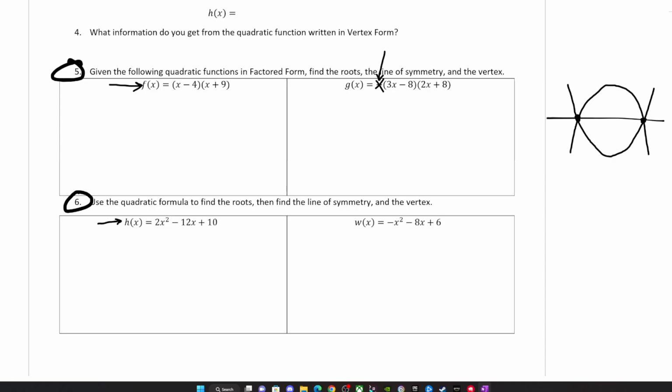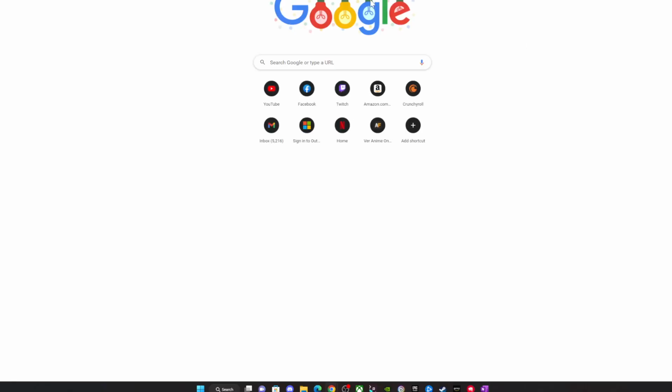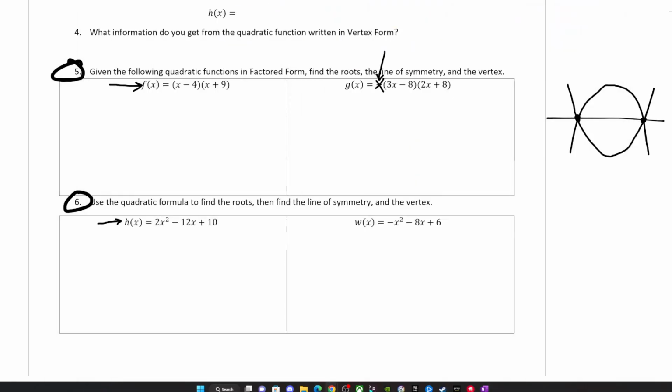Okay. So why don't we even look at an example of that? Here on Desmos, let's actually take a look at this function: 3x minus 8 and 2x plus 8.